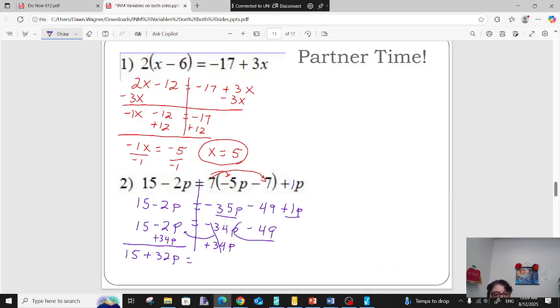This is a -49 that's left on this side, right? You subtract 15 on both sides. This cancels here. You're left with 32p on the left. On the right, when I add these two together, that's negative 64. And then you're dividing by a positive. So a negative divided by a positive is negative.